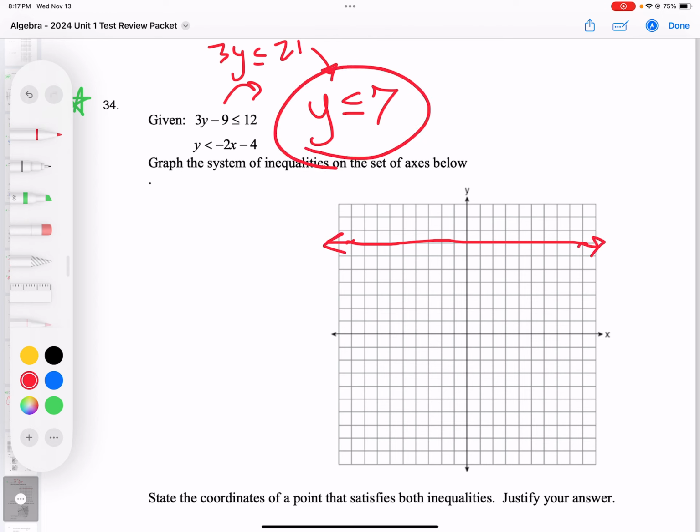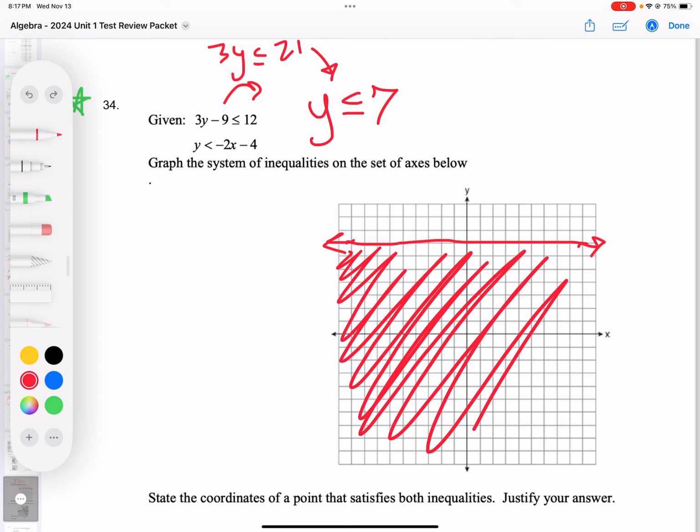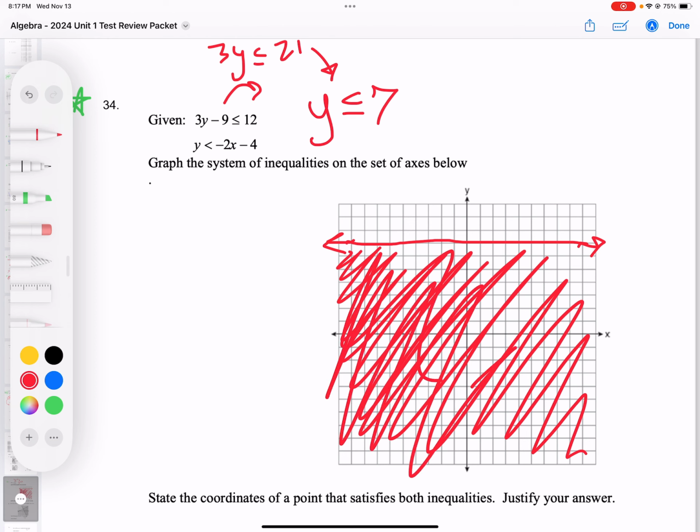So anyway, if y needs to be less than or equal to that, then we want all of the y values less than or equal to 7. That is all of them. None of these values count because those are like y equals 8, y equals 9, and y equals 10. We want down here. The other line is -4, -2/1. So it's like this, and we're dashing our line.